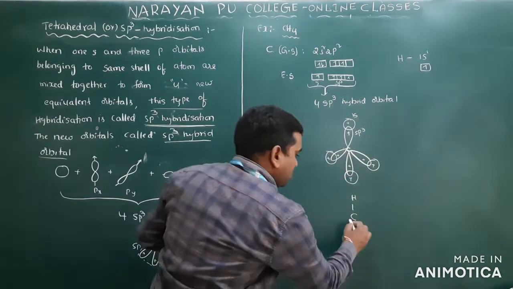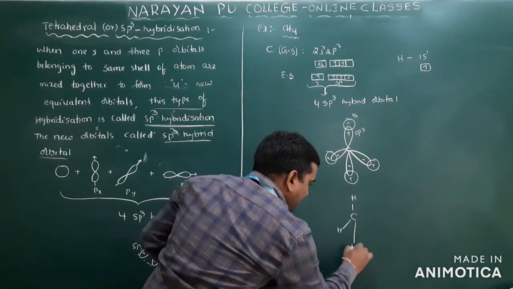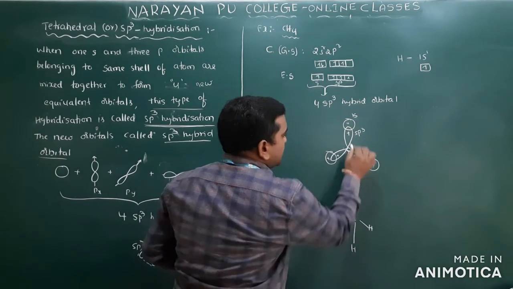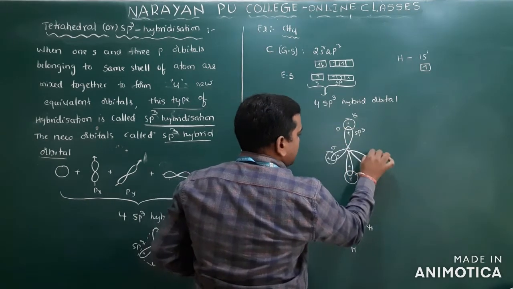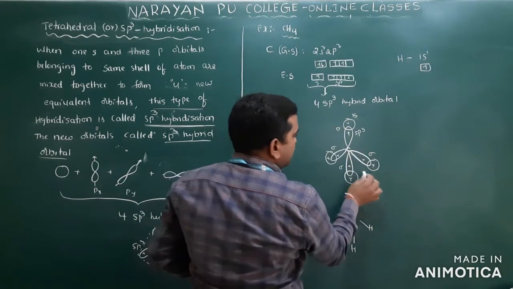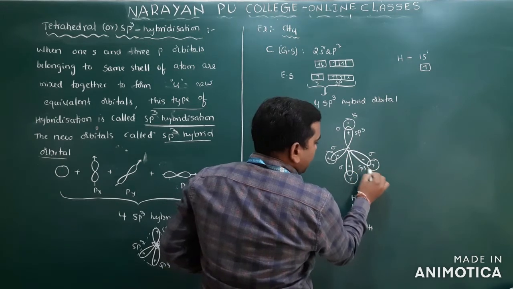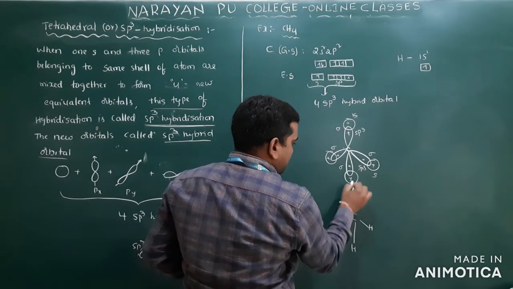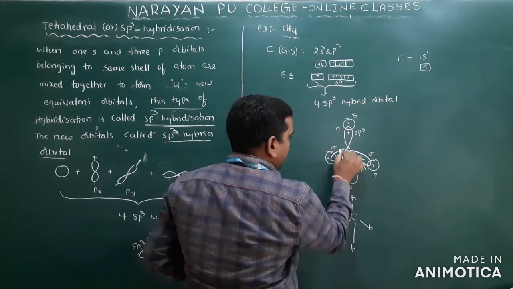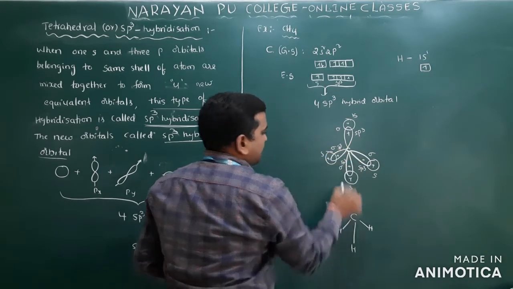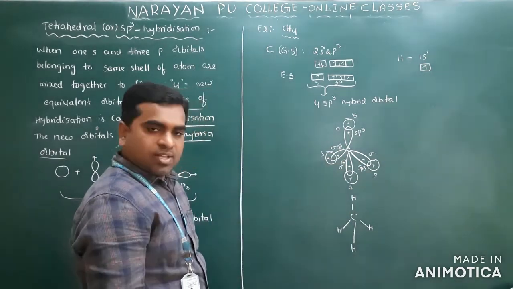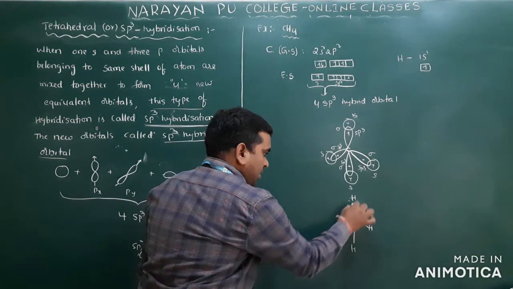Yes, the 1s of hydrogen. So here these are hydrogen, hydrogen and hydrogen. These all are sigma bonds only formed. Clear? What is the sigma bond here? sp3, yes. Here also sp3, yes. These all are sp3, and yes, sigma bonds only. So this is the structure.